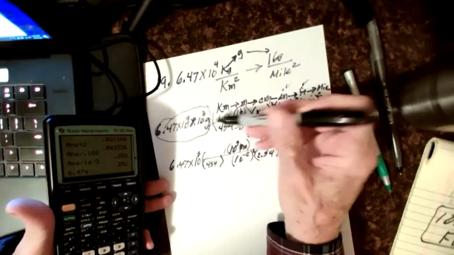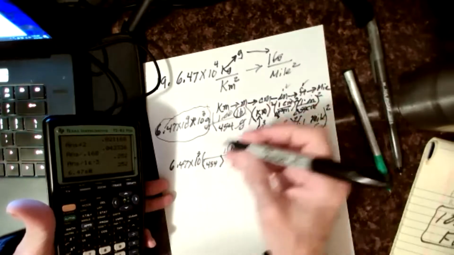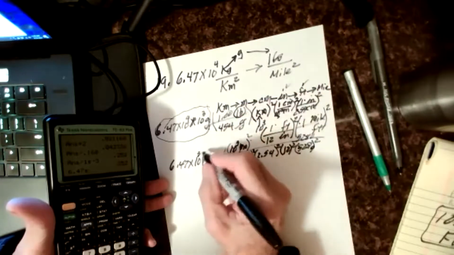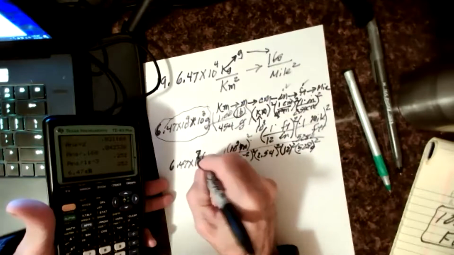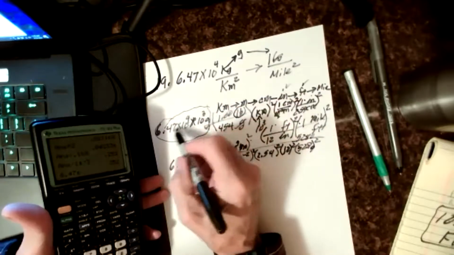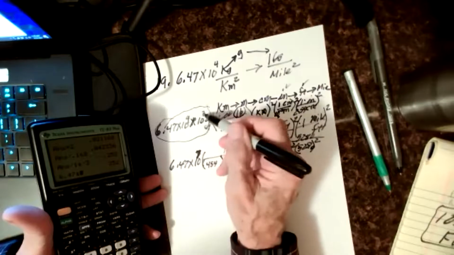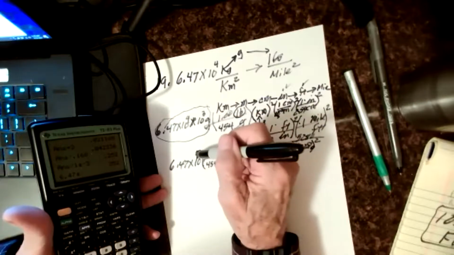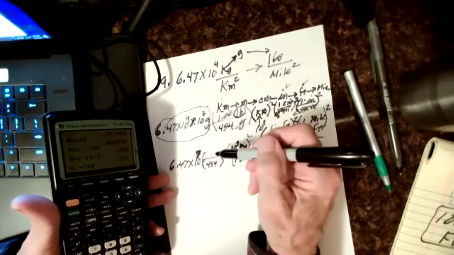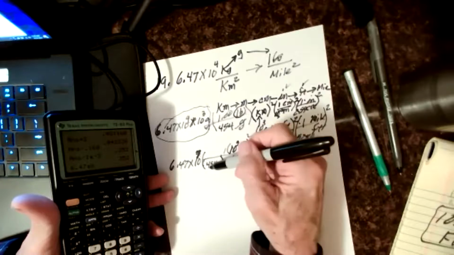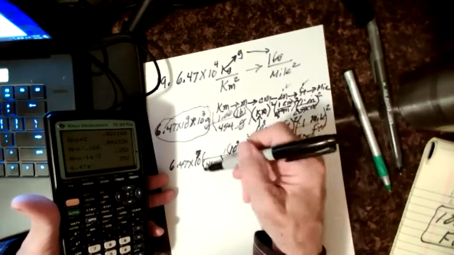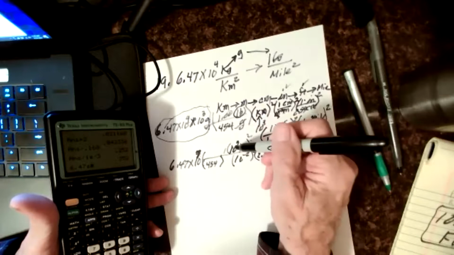And then I want to divide by 454. That's right. But this should have been a 7 right there. So I am right. 6.47 times 10 to the 4th times 10 to the 3rd, 6.47 times 10 to the 7th. And that would be now in grams, and 454 grams to 1 pound. So that's good.